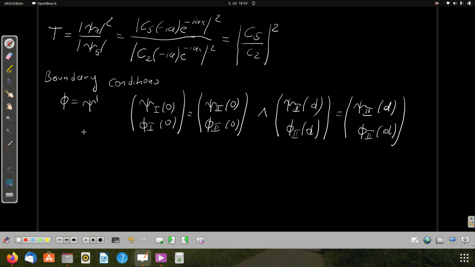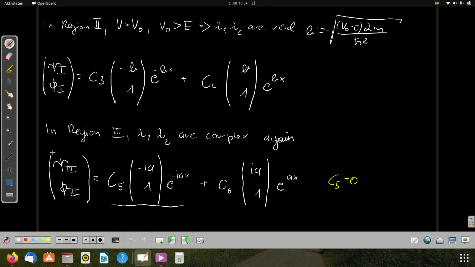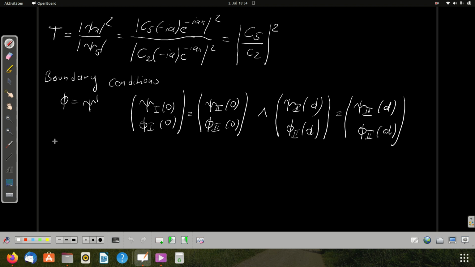So these are our boundary conditions, and if we write them down in terms of the expressions we have derived before, we arrive at an equation system.